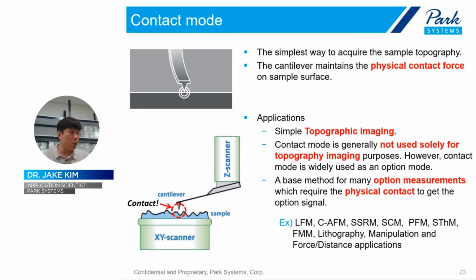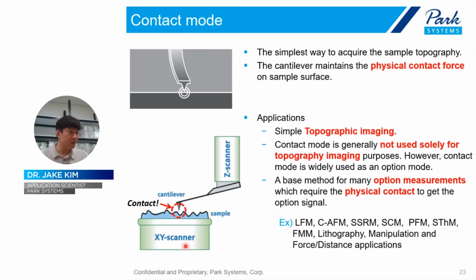For the AFM imaging modes, the contact mode is the first. It is quite the simplest way to acquire the surface image. As the mode name says, in contact mode, the AFM tip physically contacts the sample surface with some specific force.